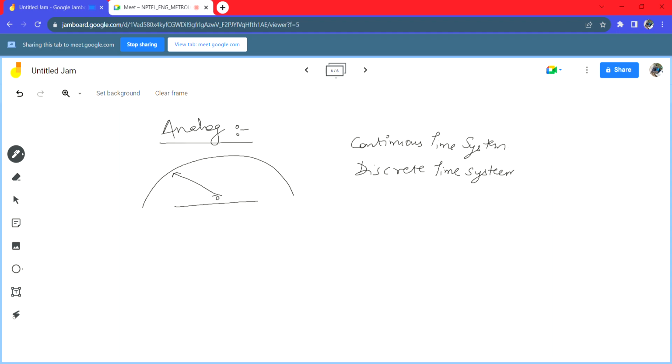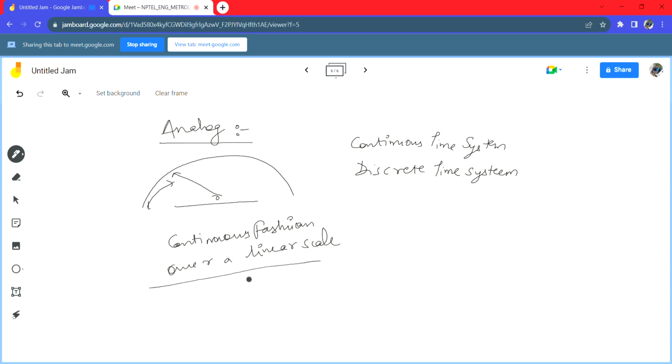Now, when my system here is reading the values of this scale from here to here, it is moving in a continuous fashion over a linear scale.